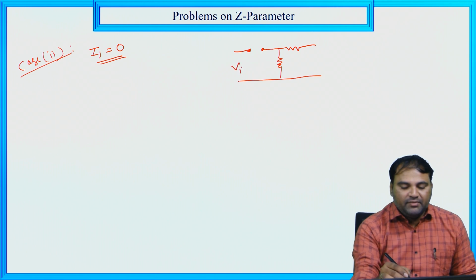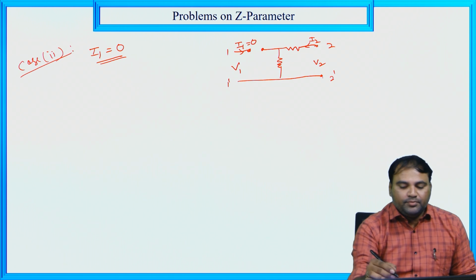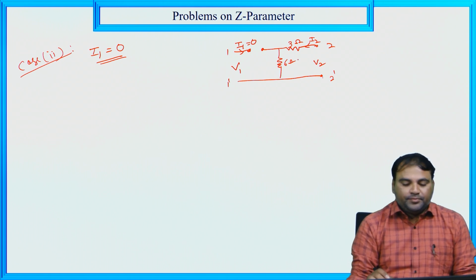So this is V1, current I1 is equal to 0, and this is I2, and the secondary voltage is V2, with terminals 1 dash and 2 dash, and the elements are 3 ohm and 6 ohm, right?